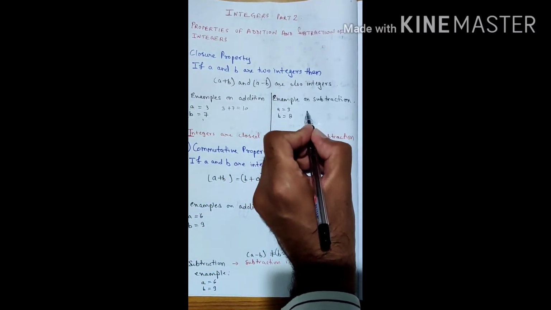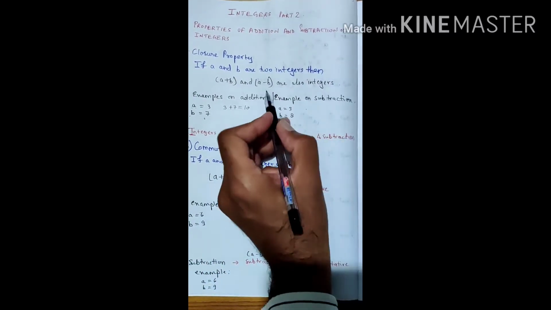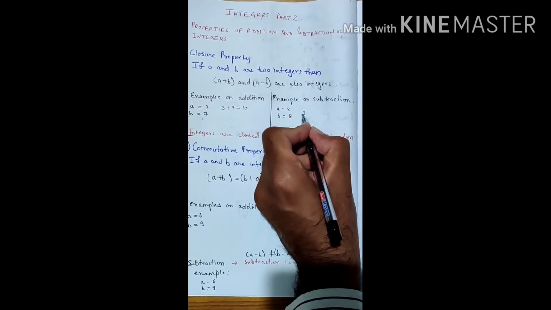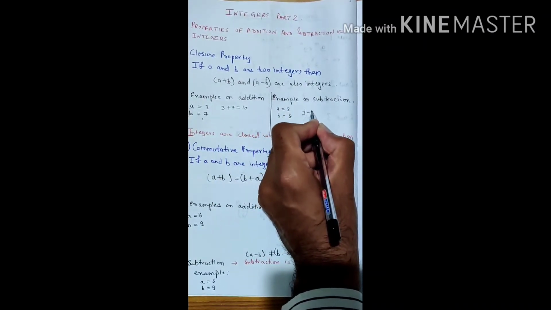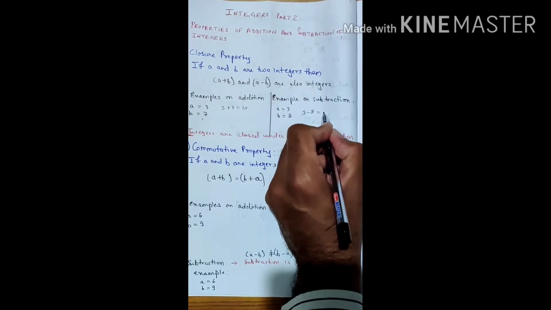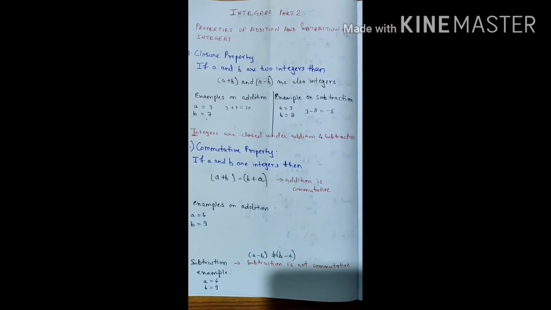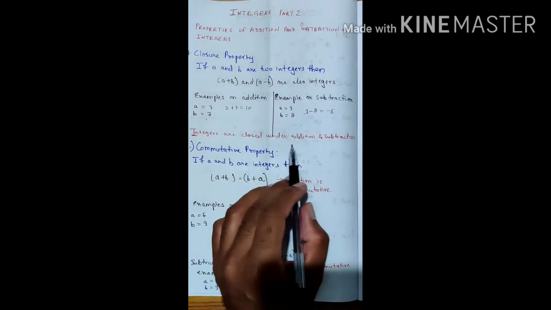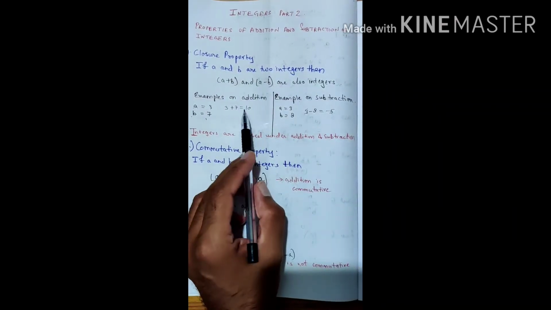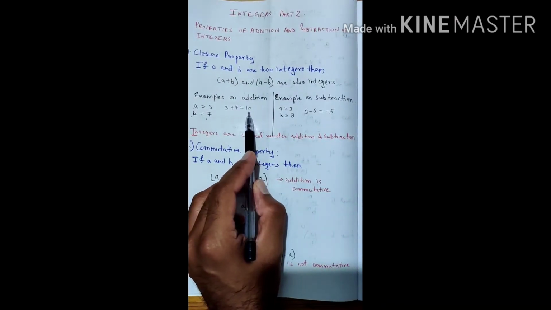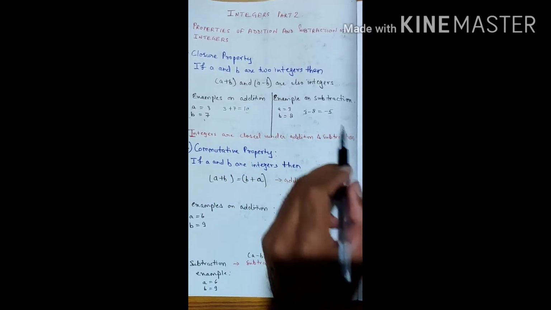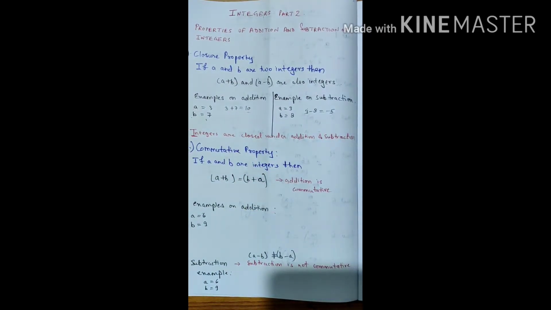Similarly in the case of subtraction, a minus b, this will be minus 5. So here we can see that integers are closed under addition and subtraction. Both the values in addition as well as in subtraction are integers.